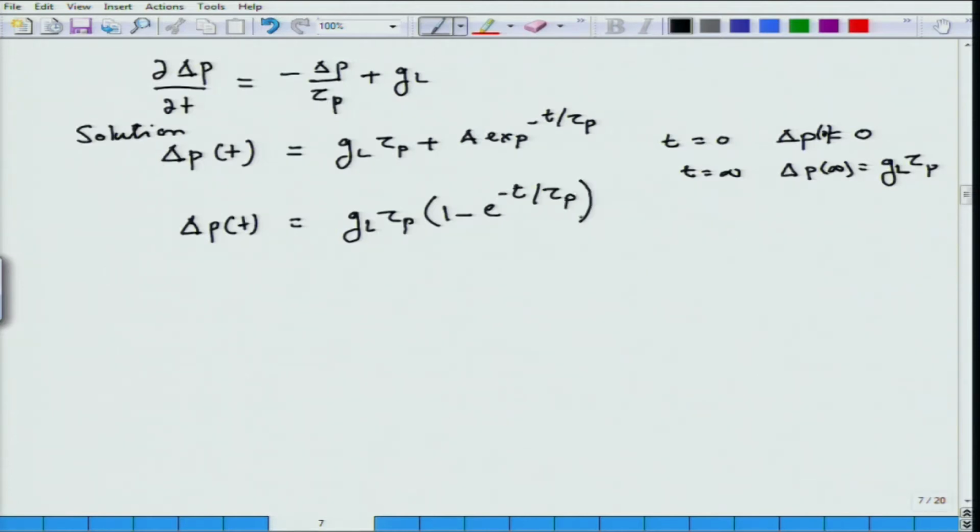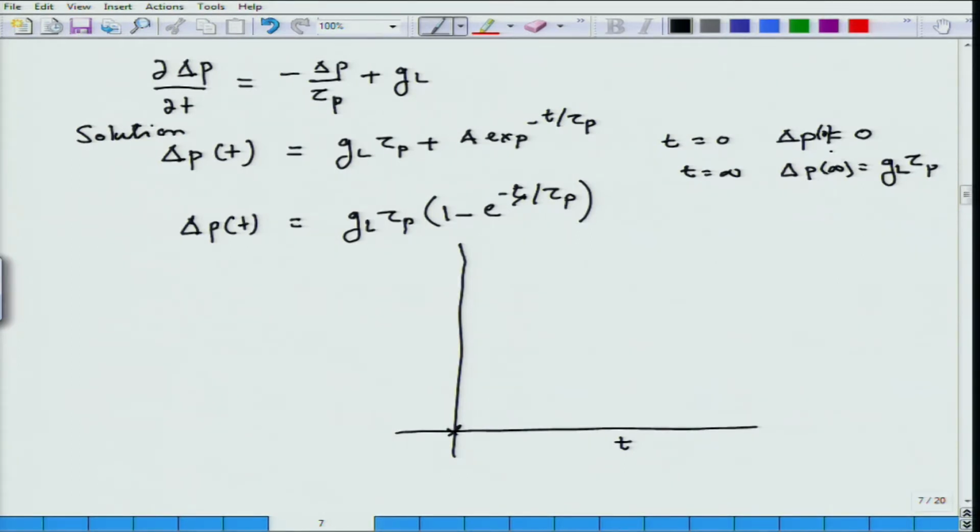p. And if we try to plot what is happening in the system as a function of time t, you can immediately see that if t is 0, then 1 minus 1 is 0, there are no carriers.